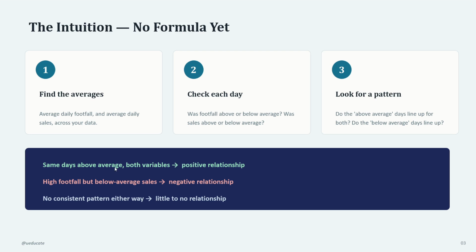And no consistent pattern either way, little or no relationship. More customer flow and more sales, positive relationship. More customer flow but no sales, negative relationship. And if there is no consistent pattern, nothing is there, that means no relationship.